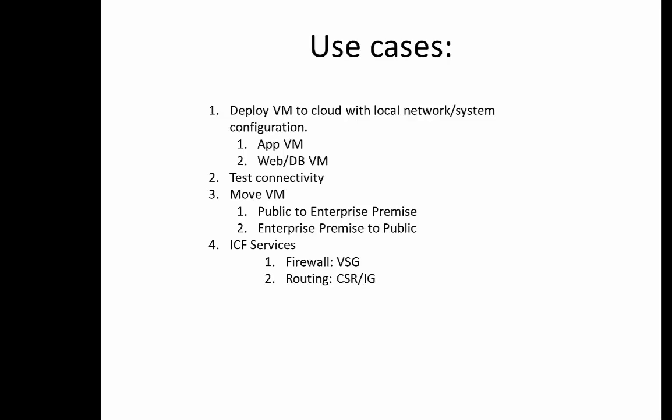But you can bring those VMs back into your data center, and once you bring it back, you can also push it back to your cloud. So portability is there. It tests the connectivity and networking, especially the way you access from your private site. Then you can move the VM, as I said, from public to enterprise, enterprise to public, and then the services, firewalling and routing.